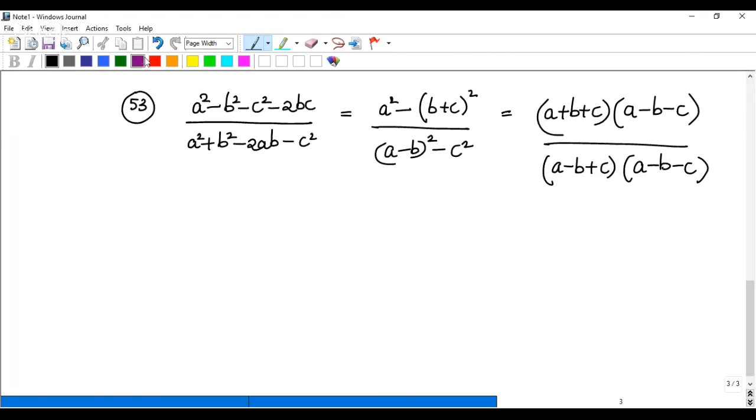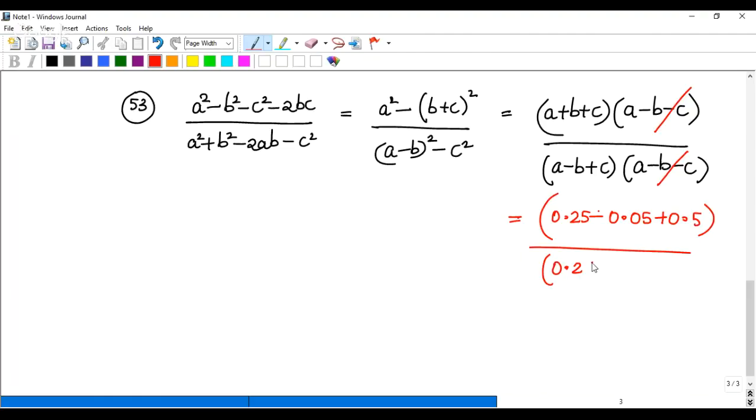So you can see that these two terms get cancelled. So I'm left with a plus b plus c by a minus b plus c. Its value is 0.25 minus 0.05 plus 0.5 by 0.25 plus 0.05 plus 0.5. So I get 0.7 by 0.8, the same as 7 by 8.